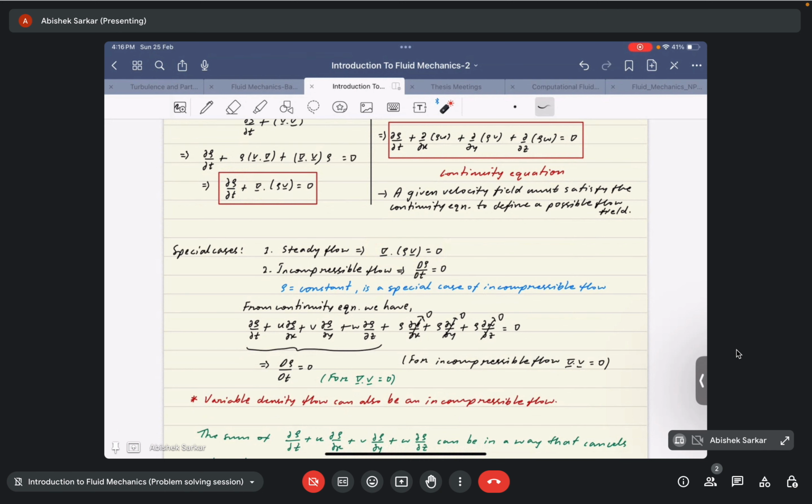And where rho is a constant is a special case of incompressible flow. How? I will show here. If we expand the continuity equation, we get dou rho by dou t plus u dou rho by dou x plus v dou rho by dou y plus w dou rho by dou z would be equal to rho dou u by dou x plus rho dou v by dou y plus rho dou w by dou z.